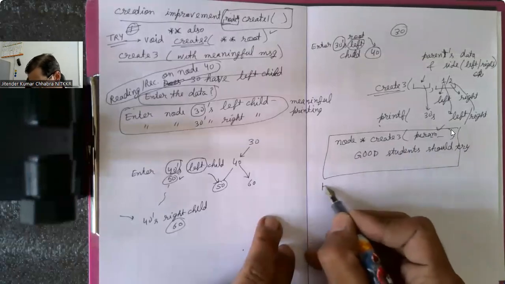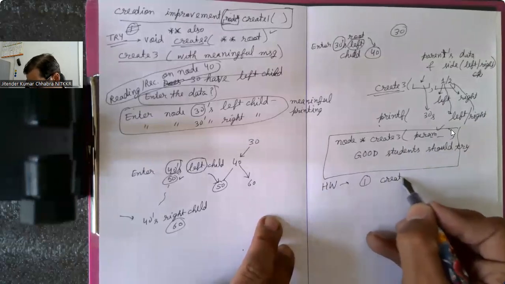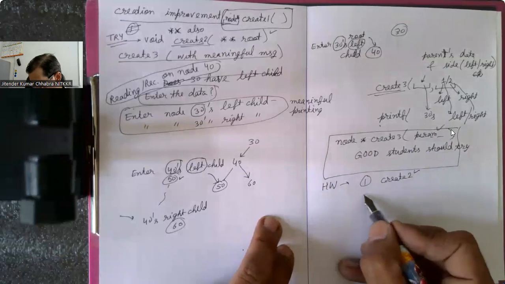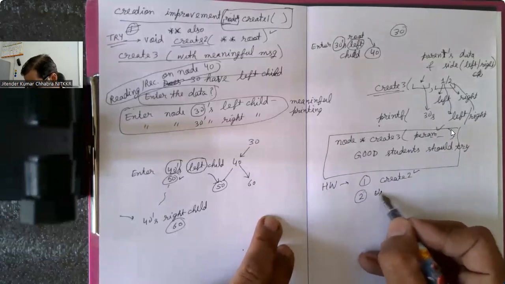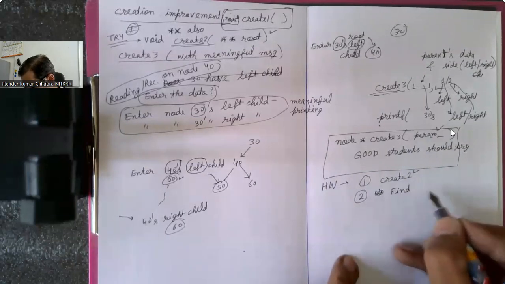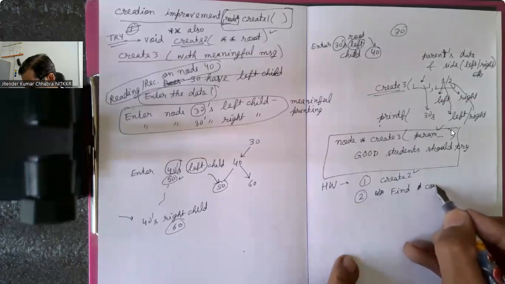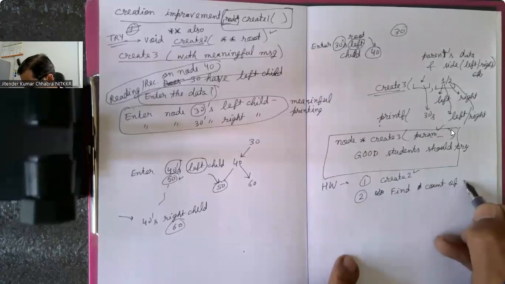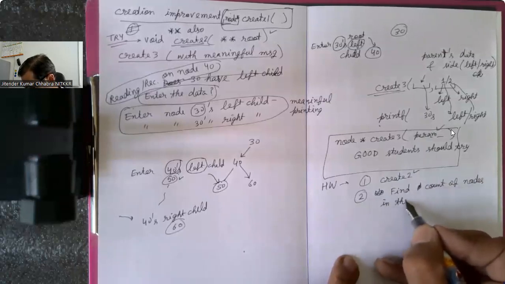Then my homework: number 1, create 2 must be tried. Number 2, using recursive functions only, find the total number of nodes in the tree, find the count of nodes in the binary tree.